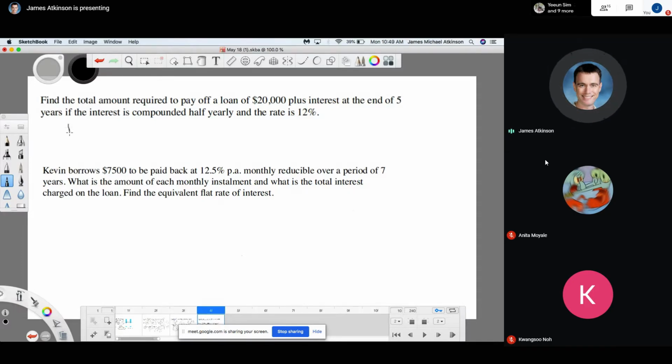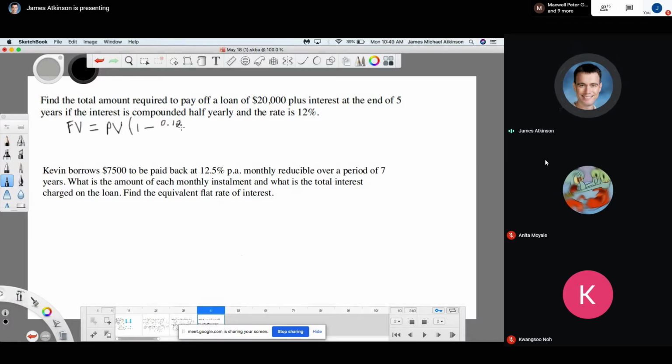So your future value in a compound interest situation, or in a depreciation situation, whether the value is increasing or decreasing by a certain percentage every time period, we take our present value, and if it was depreciation, we would be subtracting the interest rate or the depreciation rate.